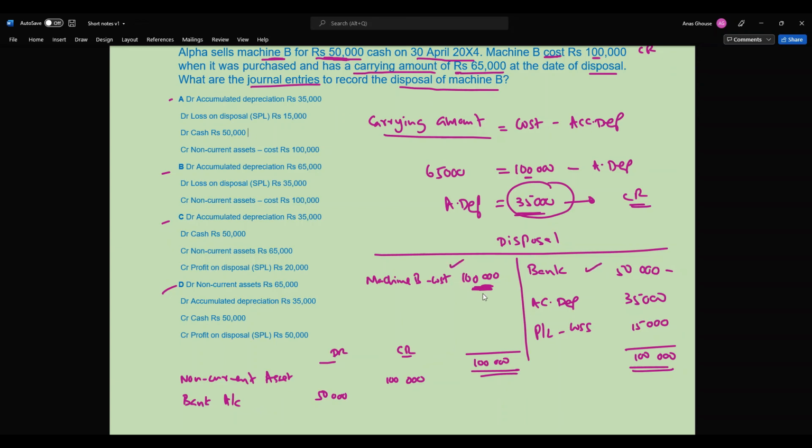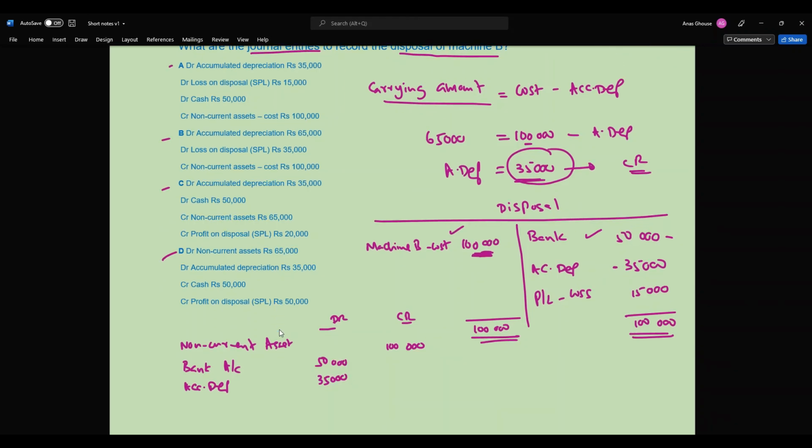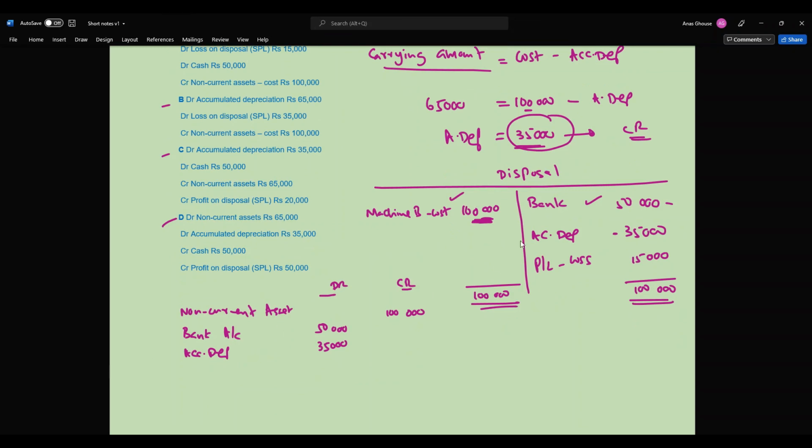These 2 entries are okay. Accumulated depreciation is usually a credit balance, so you need to debit the accumulated depreciation account, so that its balance will be 0.